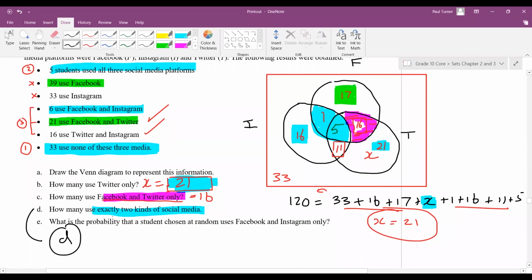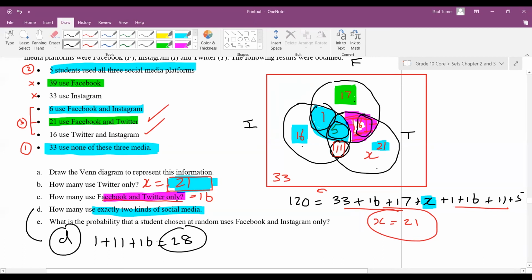Yeah. So exactly 2 means this one, or this one, or this one. Cannot be 5 because that's 3 kinds, isn't it? And these ones on the outside are 1 kind. So 1 plus 11 plus 16, that's right. And you get 28 for that.